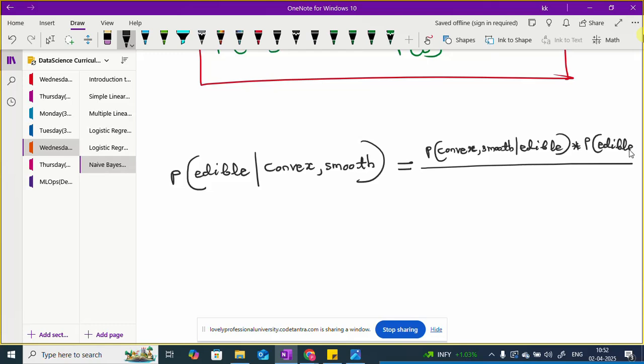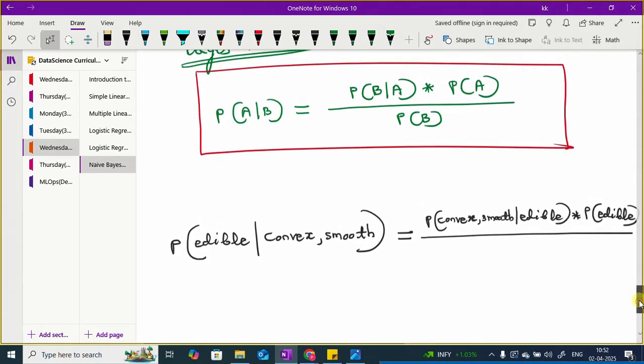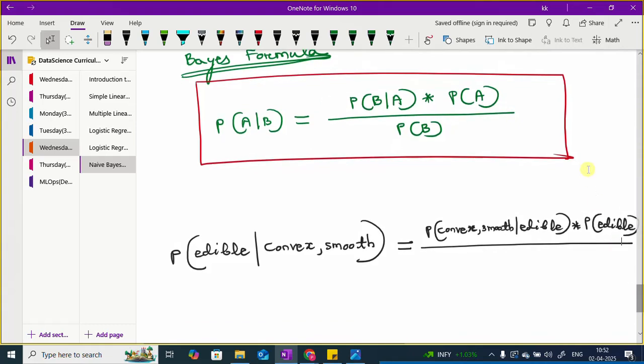Now try to compare with the above one so that we get much clarity. Let me scroll up a little bit. Then probability of convex comma smooth, that is what is written in the PPT. Maybe there you will get confused, but here you will get 100% clarity. See, try to compare.